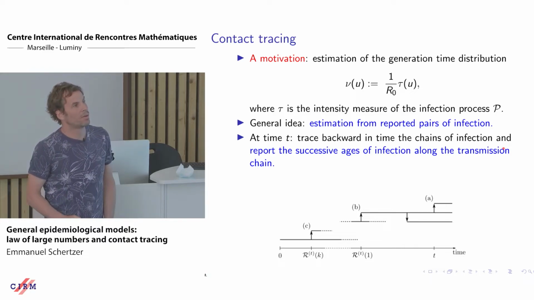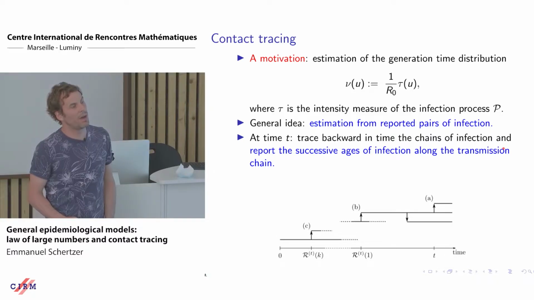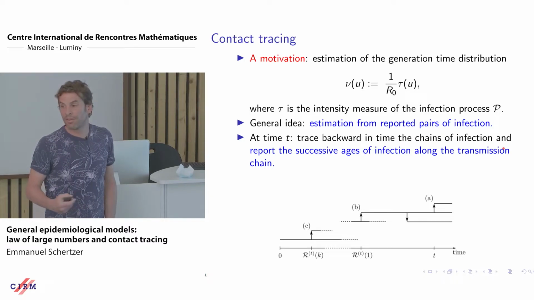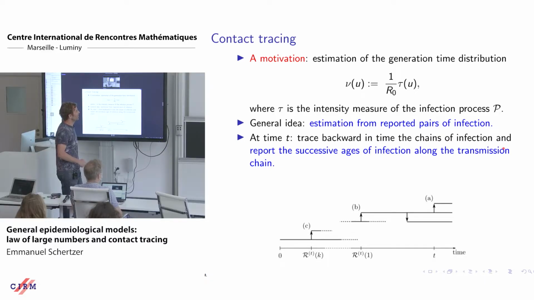Okay, so this is what's represented on this diagram at time t. This guy was infected, and this is represented by this arrow here. And so now you go back to the age of infection of your infector, okay? So that's this time represented by this arrow, and so on and so forth, until you reach the reference time t is equal to 0 of your epidemics.